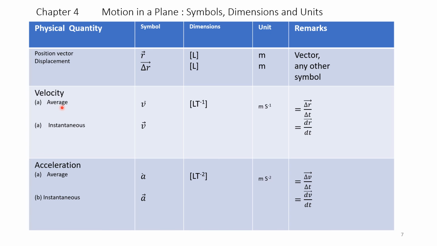Average velocity is v bar, its dimension is L T to the power minus 1, that is distance over time, meters per second, written as delta r by delta t.